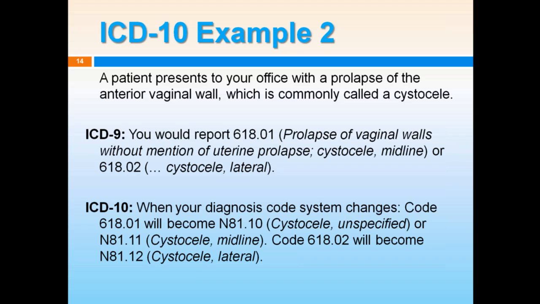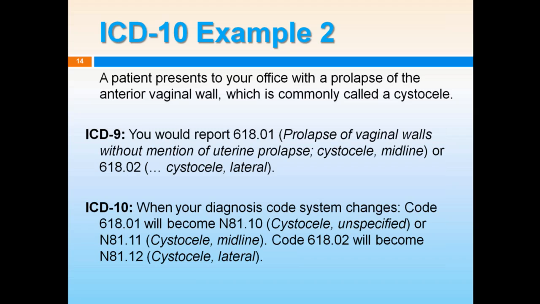In ICD-10, when your diagnosis code system changes, 618.01 will become N81.10, cystocele unspecified, or N81.11, cystocele midline. Code 618.02 will become N81.12, cystocele lateral. Those are different looking codes, but their definitions are similar.